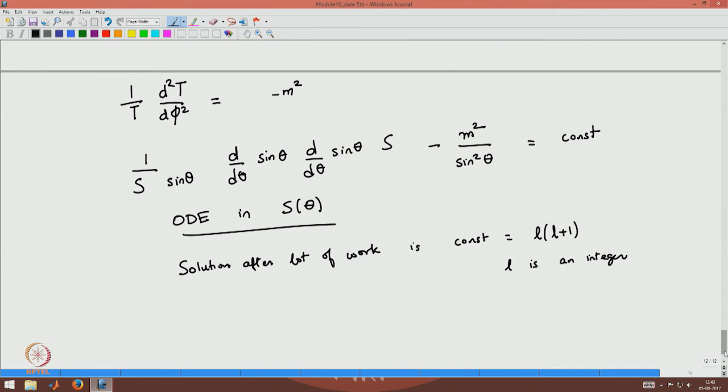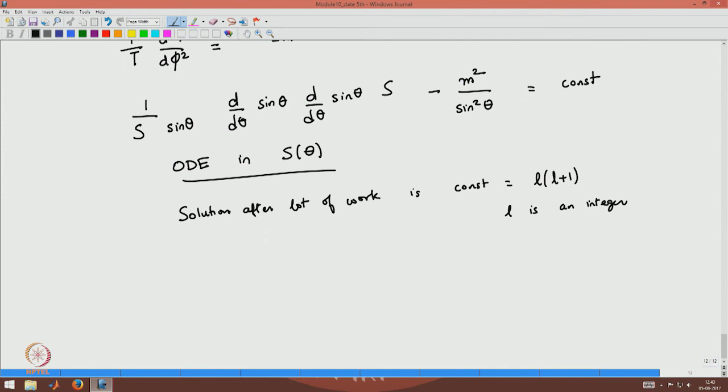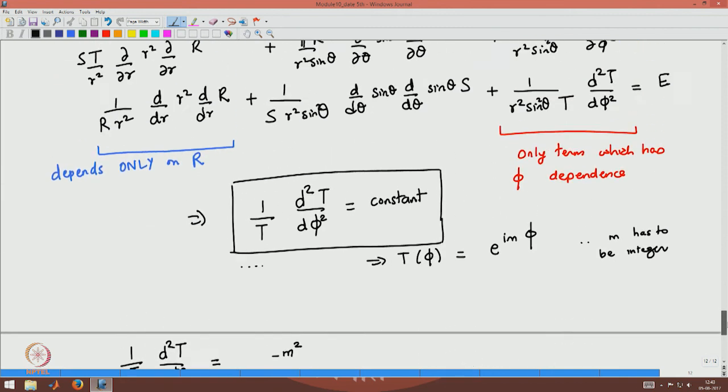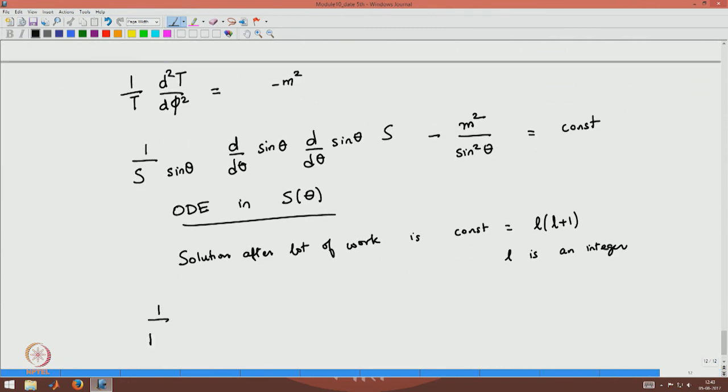So this is something that you will see in your quantum mechanics course, but what you will eventually find after all this is that L has to be an integer and this should be a constant. And so now the final differential equation in R has the form 1 over r square d by dr of r square d by dr of R, plus L plus 1 over r square, is equal to minus 2 m E by h cross square.